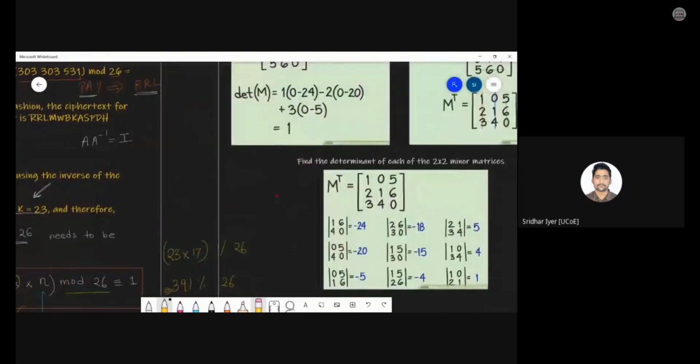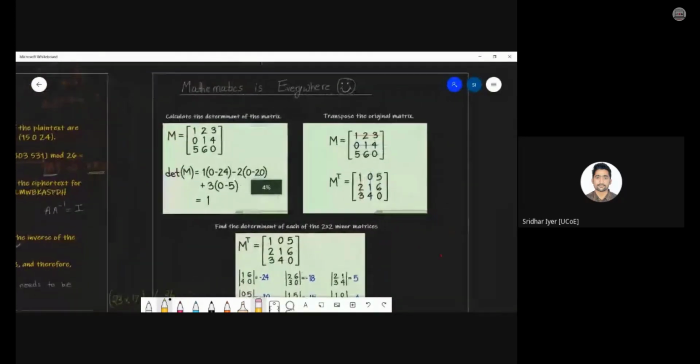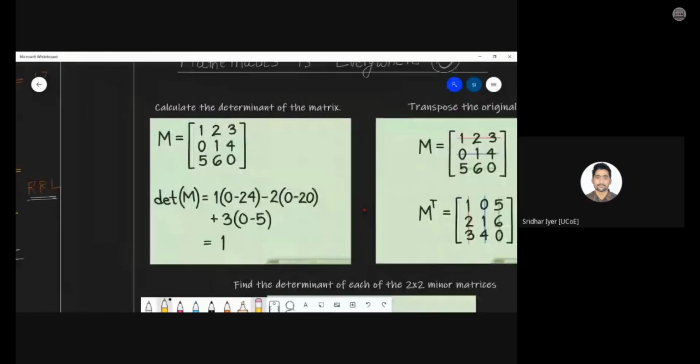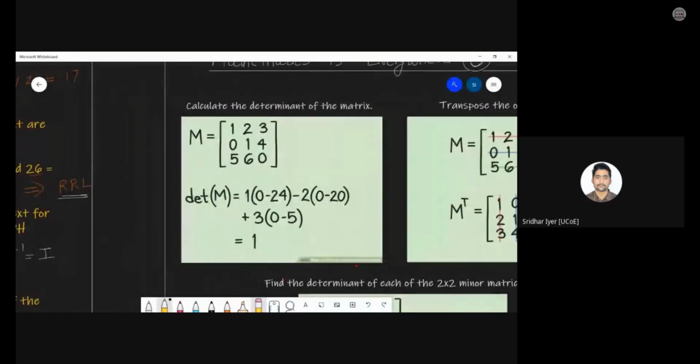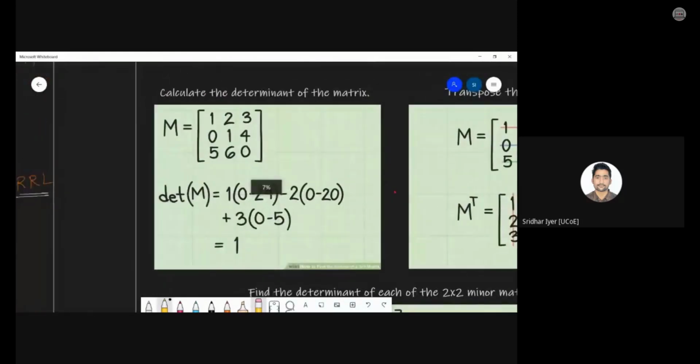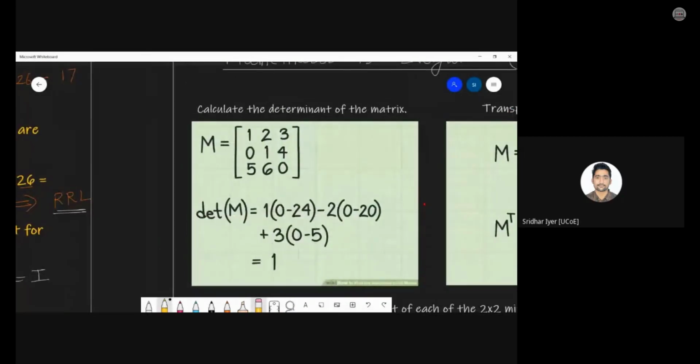As I was saying, mathematics is everywhere. So the very first thing is I have taken an example to show it to you. I've obviously taken it from Wikipedia. So calculate the determinant of a matrix. This is how you calculate the determinant of a matrix, which we already are aware of how to do, right?